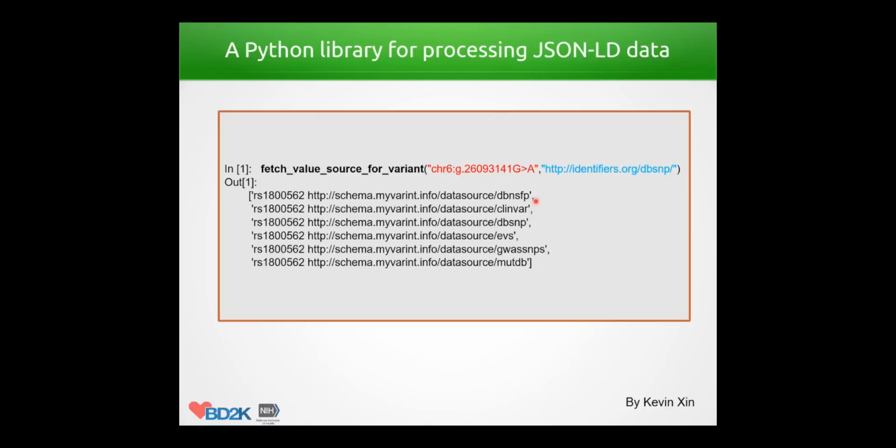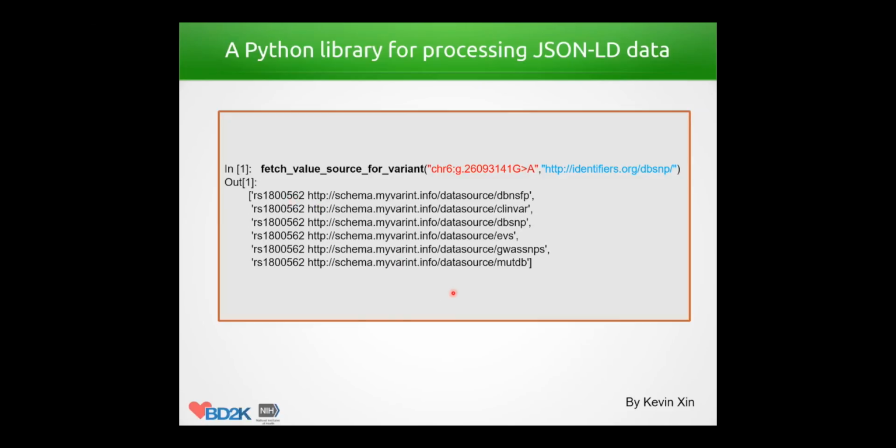And that actually provides an easy way for us to validate our data, and the end user also has an easy way to retrieve one particular piece of data for a given variant, so that they can use it in their downstream application.